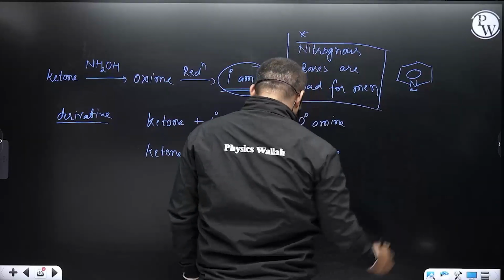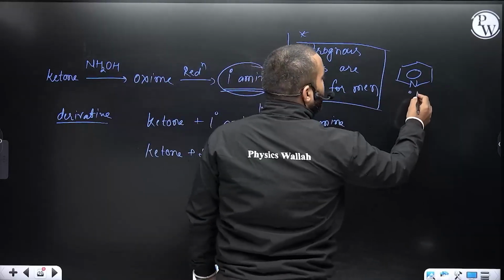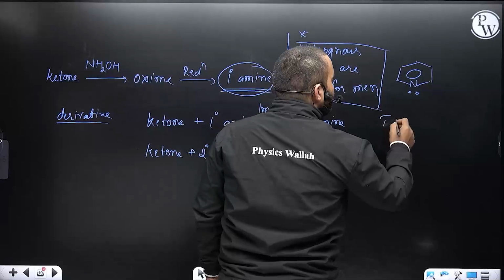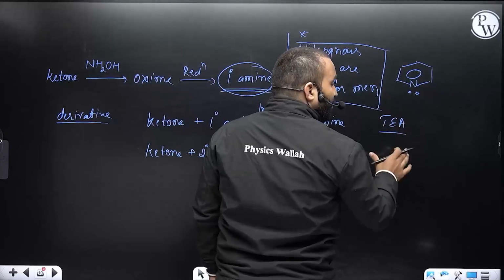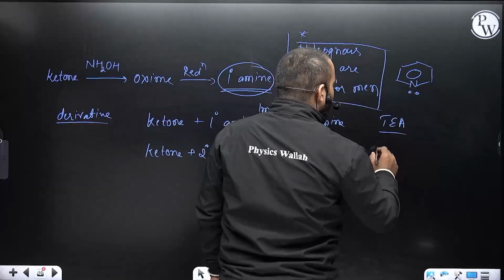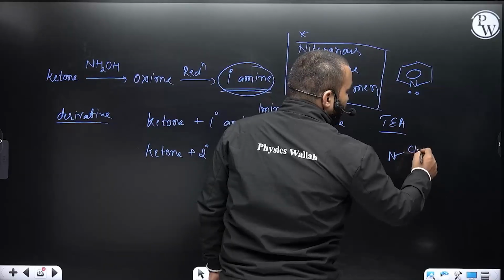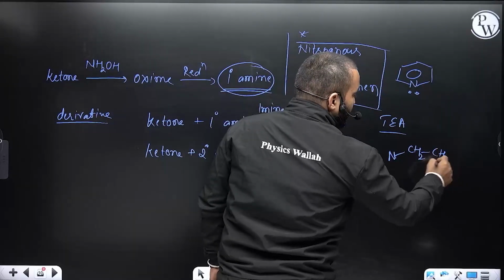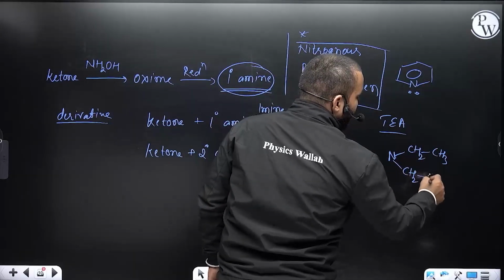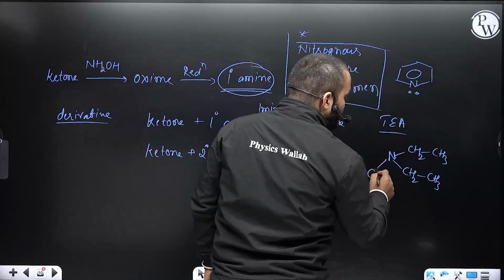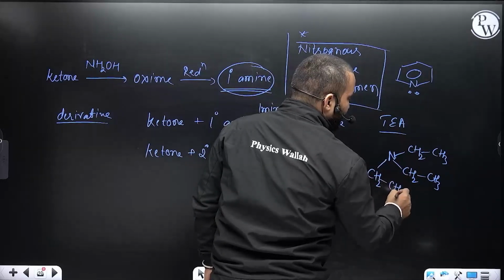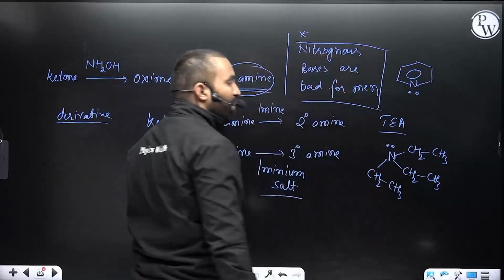Also you can think of triethylamine. Not chai, this is triethylamine. So triethylamine will be nitrogen with 3 ethyls around it. This is bad for men. Not one or two uses; this has to be a prolonged use of many years. Then this can be proven bad for men.